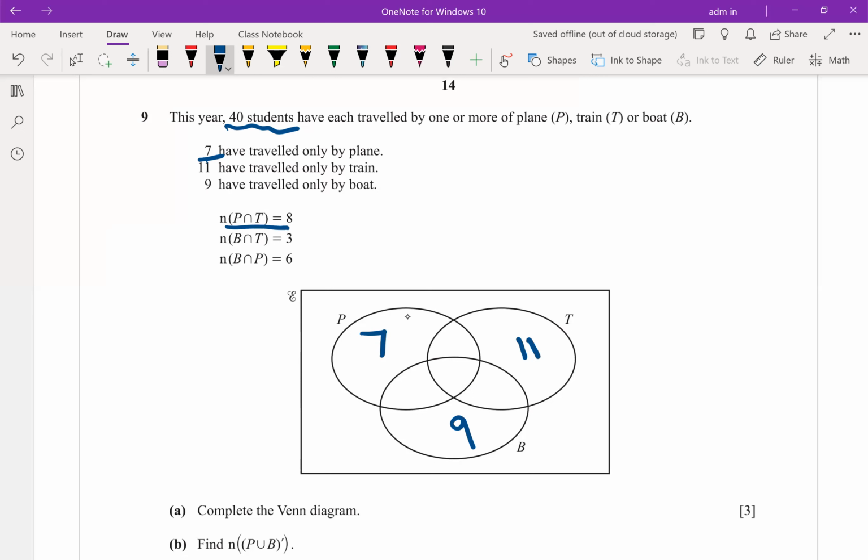Which part do you write 8 in? P and T. 8 means the whole part is 8, and I don't know which part in between.